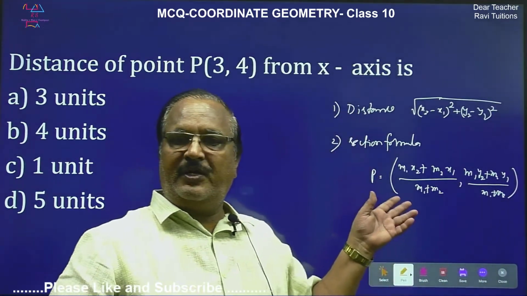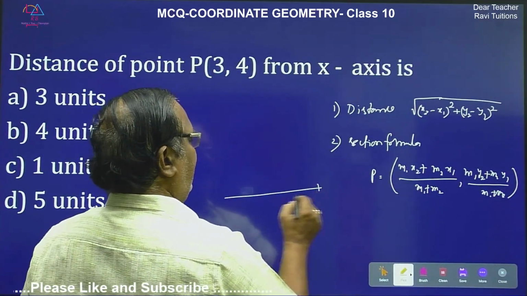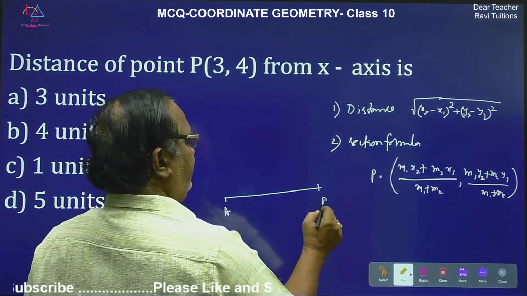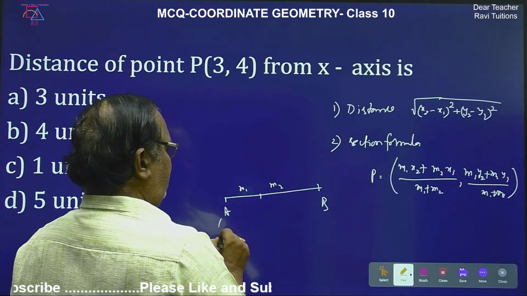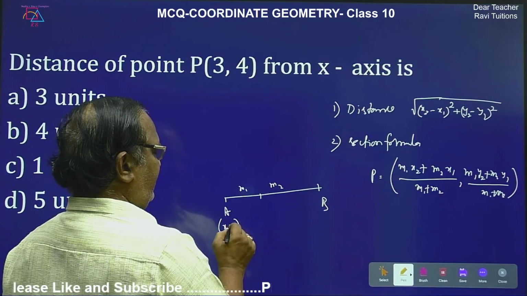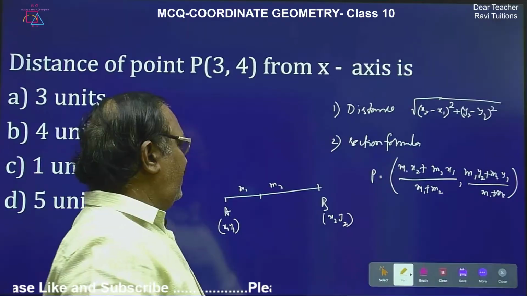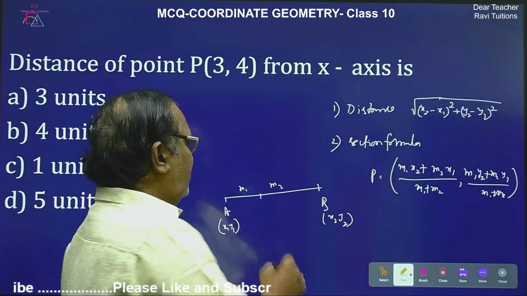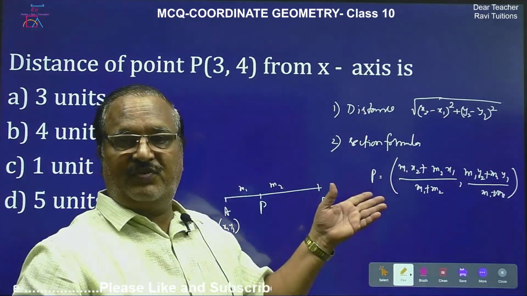That means a point P is dividing the line joining AB in the ratio m1 is to m2, and these are x1 y1 and these are x2 y2. So the coordinates of this P are this. This is the section formula.